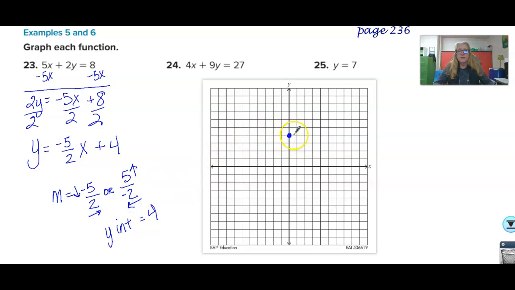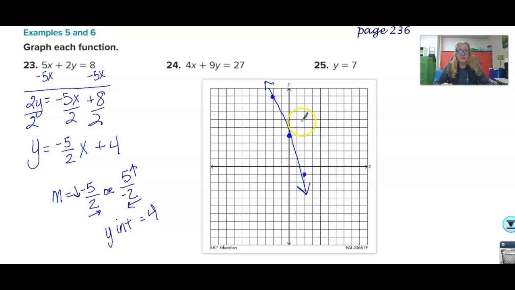All right, from here, if I use that first one, I would go down 5 and right 2. 1, 2, 3, 4, 5, right 2. If I use the other slope, this is up 5, left 2. Up 1, 2, 3, 4, 5, left 2. And if I could draw a straight line, this would be a beauty. It's not straight. It's very curvy.